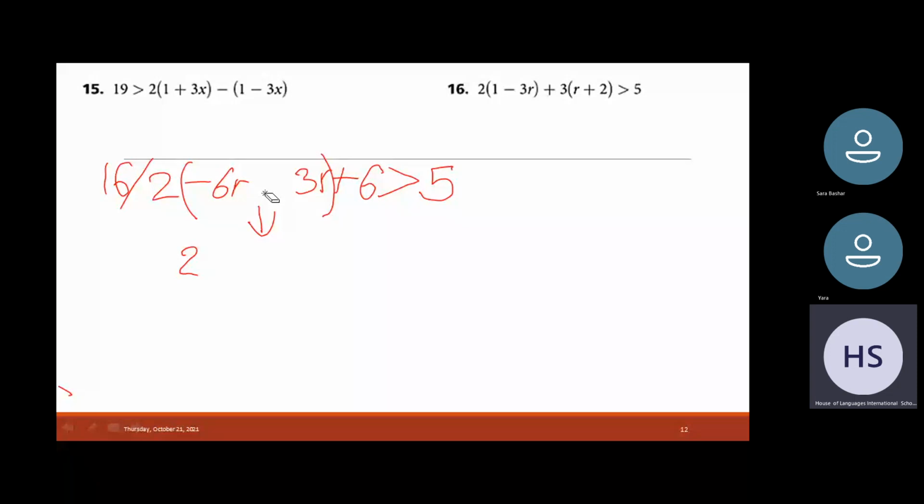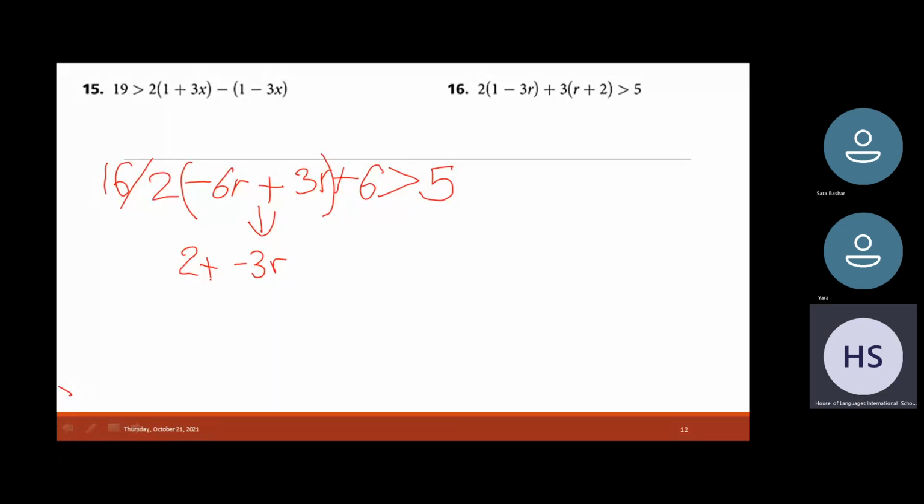And here we have negative 6 plus 3, different sign, so we have to what? Subtract. Okay, 6 minus 3 is 3. And what is the sign of the greater number? Negative. So negative 3r. Now continue.